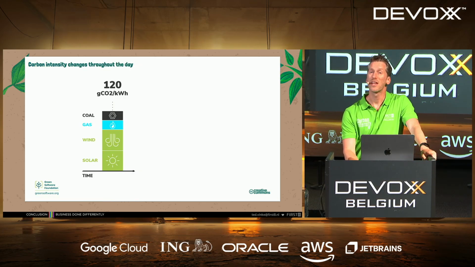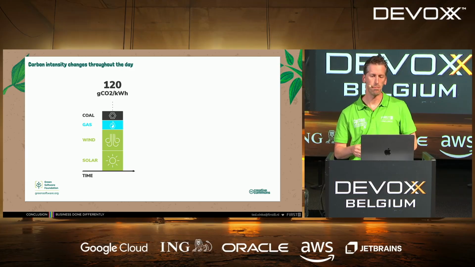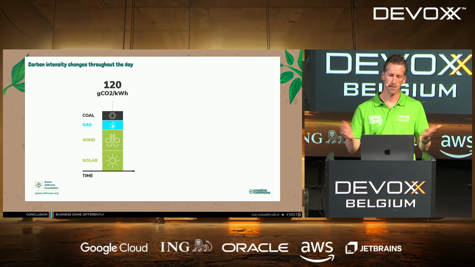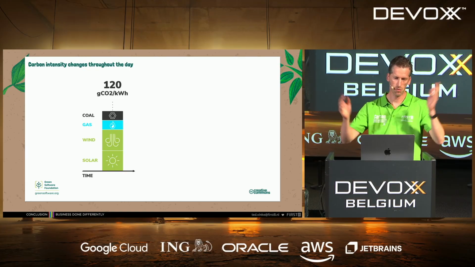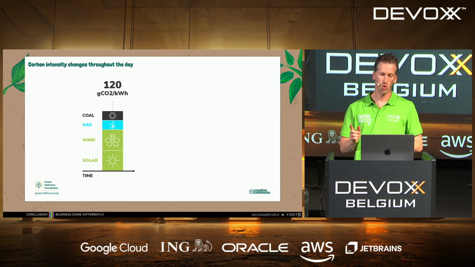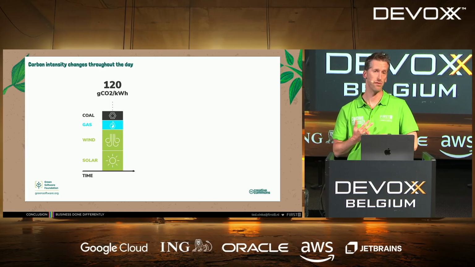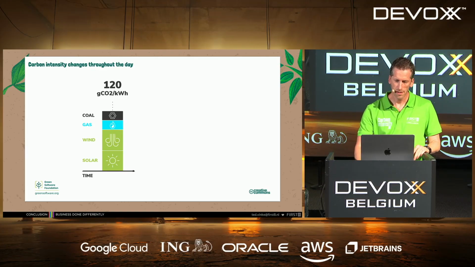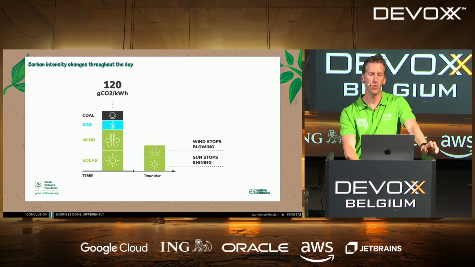Like I said, carbon intensity changes over time, per hour, per day, the season. And here you see an example of how the mix looks like on a particular time, a random day, random place. It contains coal, gas, and a quite significant part is made up of solar and wind energy. So what if 1 hour later the weather conditions have changed? We in the Netherlands know everything about changing weather conditions.